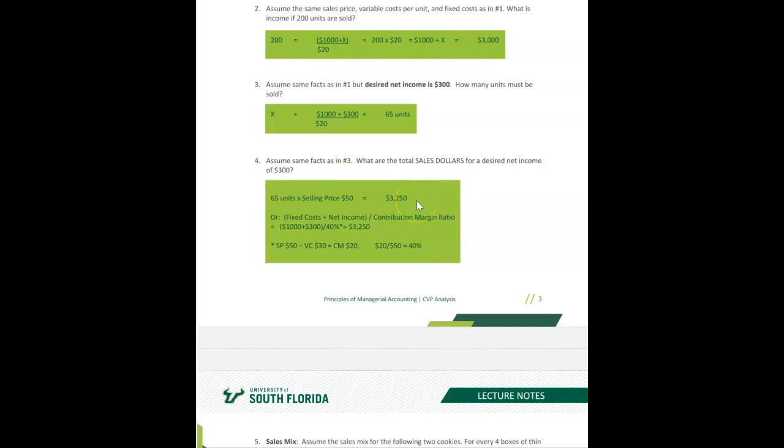But the other way to do it is to take fixed cost plus your target net income, divided by your contribution margin ratio. This is the formula you're going to have to know. So don't think, oh, I'll always do it this way, because you may not have the data, and the question will box you into using fixed cost plus net income divided by your contribution margin ratio. So make sure that you can do this.